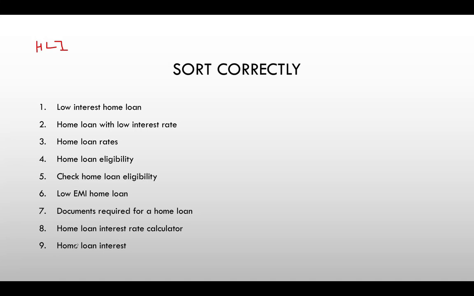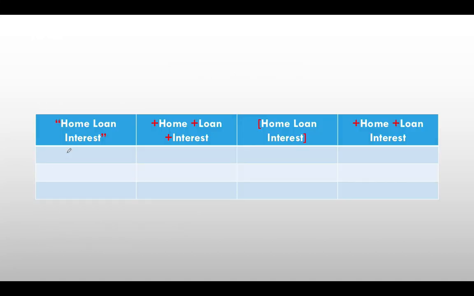Why? Because all three words in the same sequence match, so your keyword will get triggered for search queries number 8 and 9. So let me go ahead and type 8 and 9.